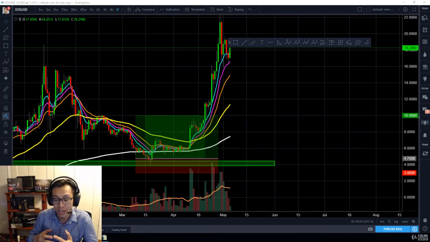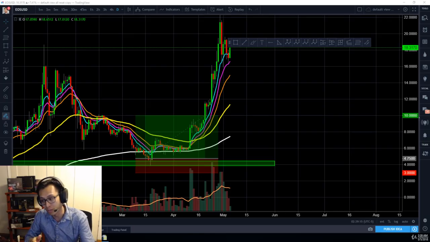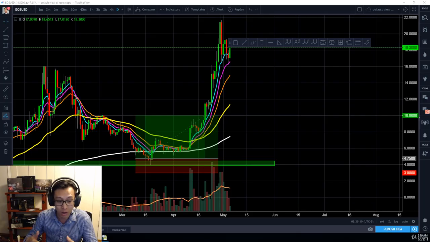I always recommend that people focus on taking profit as it goes up near the very top. Sometimes it's really good to wait until a downtrend is confirmed, but other times it's also really good to make sure that you're taking your profit on the way to the top, because sometimes you miss taking profit and people just end up dumping, right?